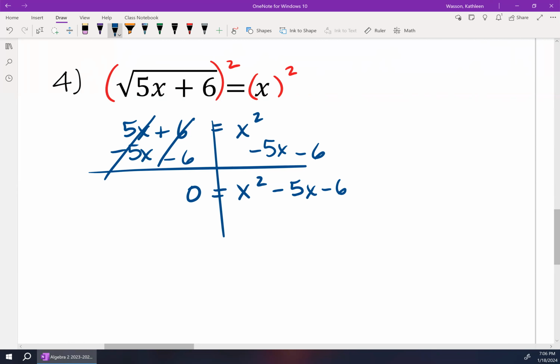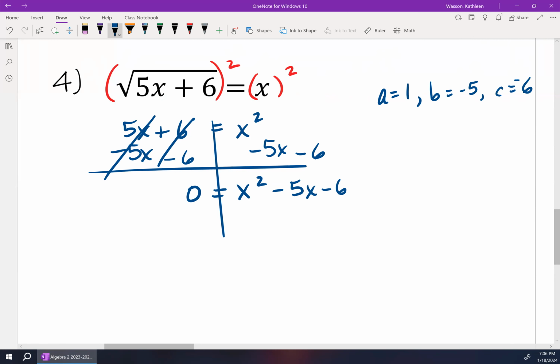I'm going to choose factoring. You could choose quadratic formula. For this problem, a is 1, b is -5, c is -6.